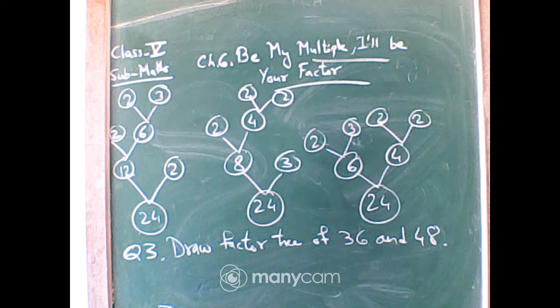You will draw as many as you can. At least make 3 different factor trees for 36 and 48. This I am giving as homework to you, your Puja vacation homework.